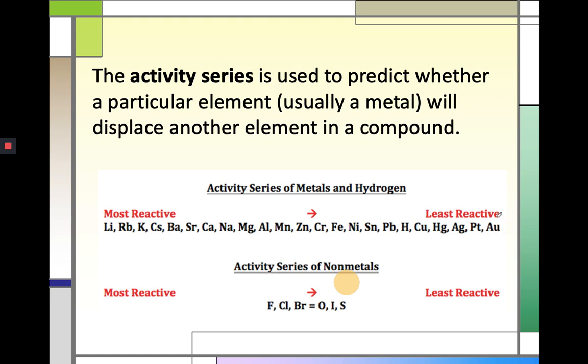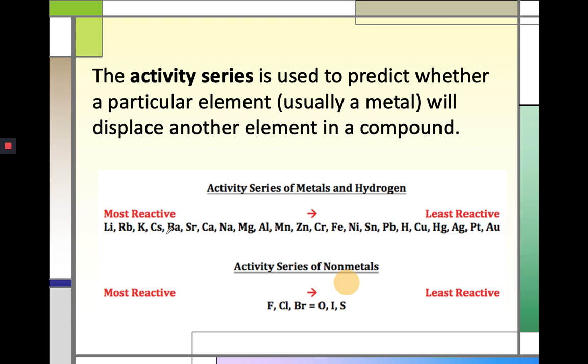You see here that gold is one of the least reactive metals. That's why gold is so highly valued: it doesn't get oxidized. It seldom reacts, unless you have a combination of certain acids which we call aqua regia. That's the time gold will be decomposed.